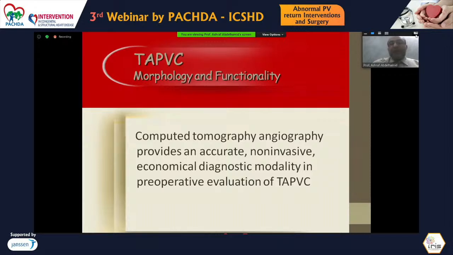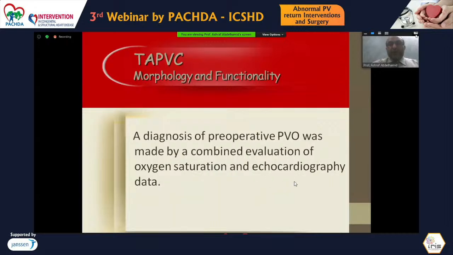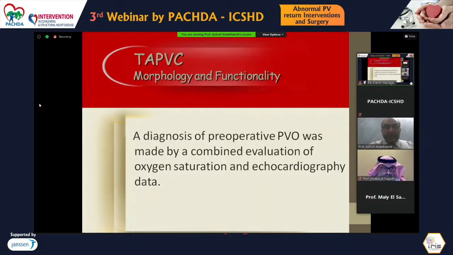But if we have some lacking information, we will go through CT. The diagnosis of preoperative pulmonary venous obstruction by oxygen saturation and echocardiographic data is usually enough.